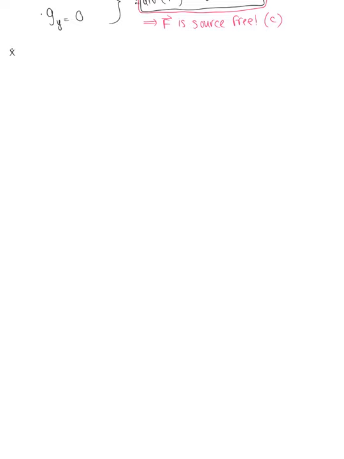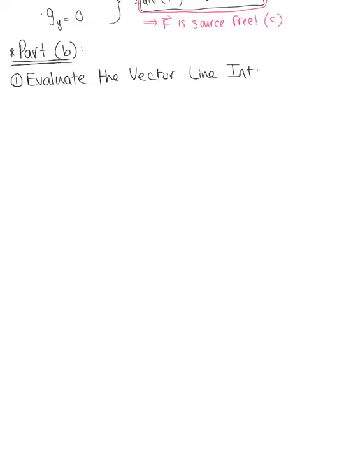So for part B, we'll have two parts here, the line integral and then the double integral. So we'll start by evaluating the vector line integral. That's going to be the integral over the closed curve C of f dy minus g dx.